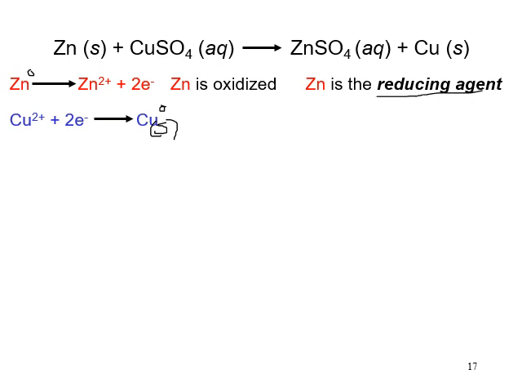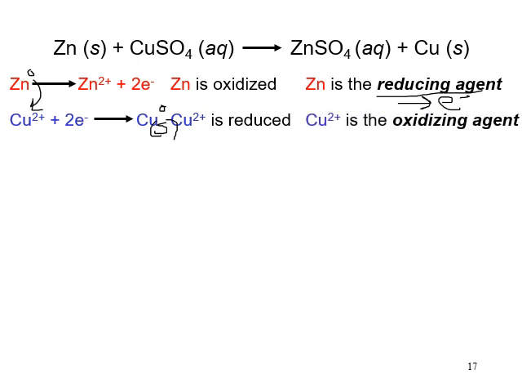The reducing agent is the element that gives electrons to somebody else. So zinc metal gave electrons to copper 2+ and reduced copper 2+ to copper metal. Copper 2+ is being reduced by zinc metal, and copper 2+ is the oxidizing agent because it took electrons from zinc metal.